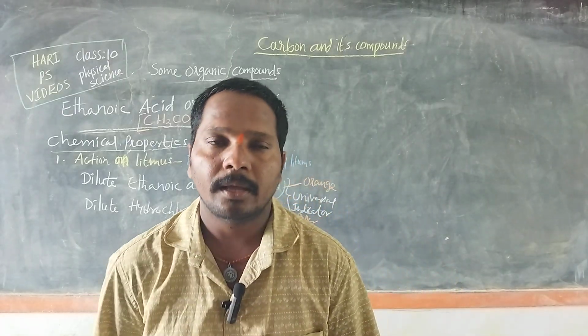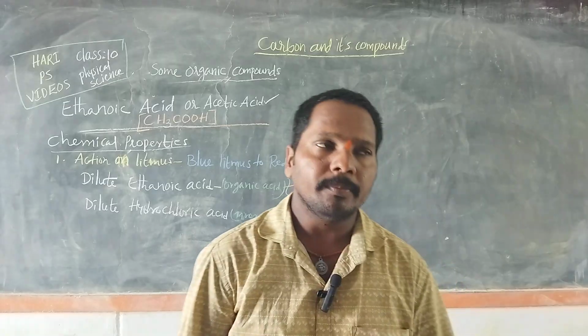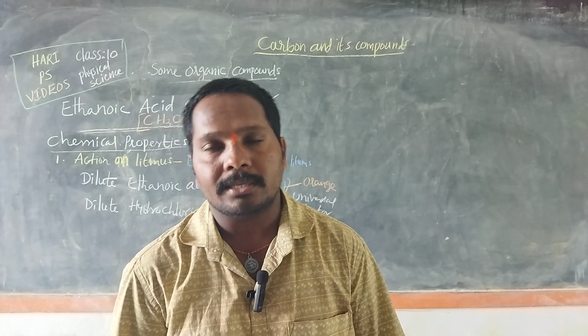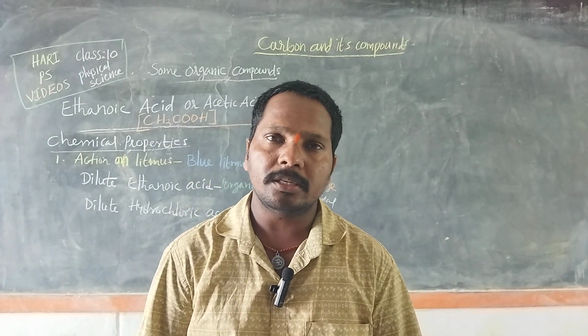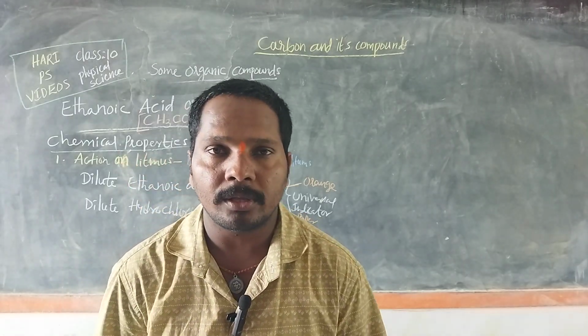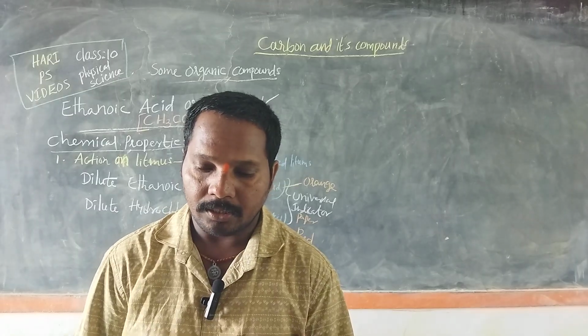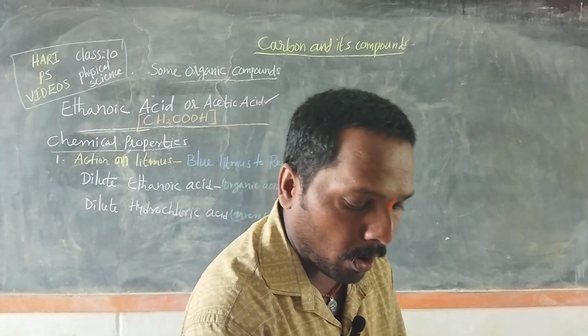To know that, when we test with universal indicator paper, dilute ethanoic acid or acetic acid changes to orange, whereas dilute hydrochloric acid changes to red, showing that its pH is 1.